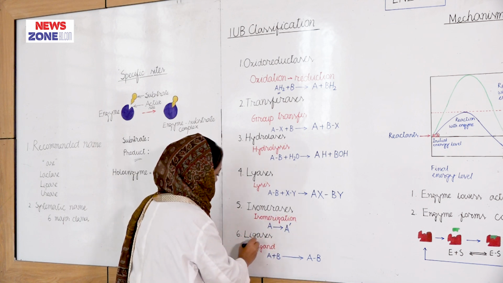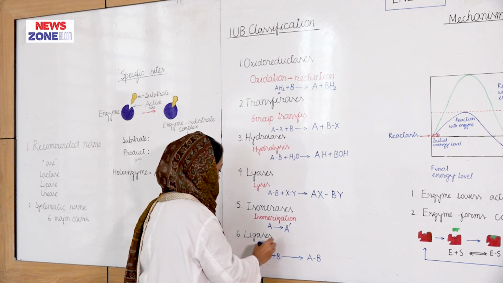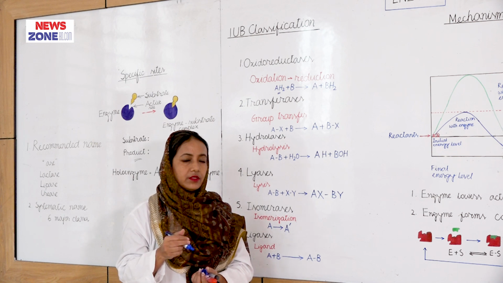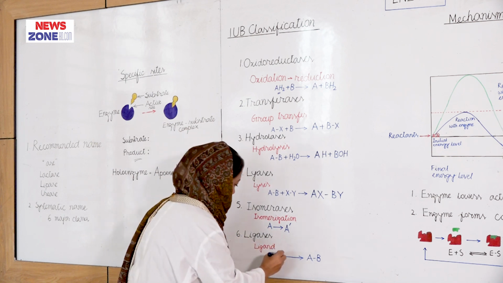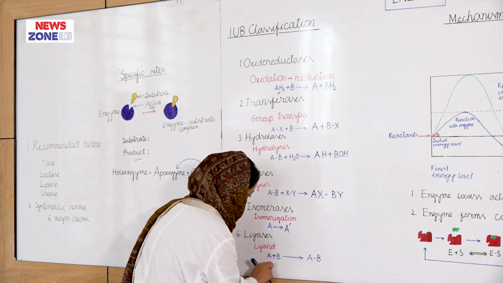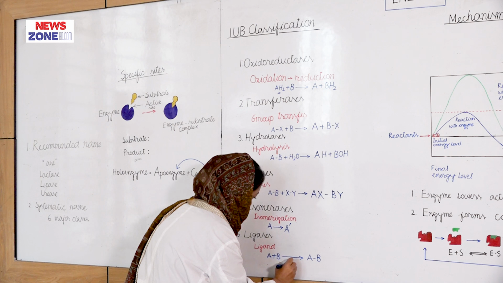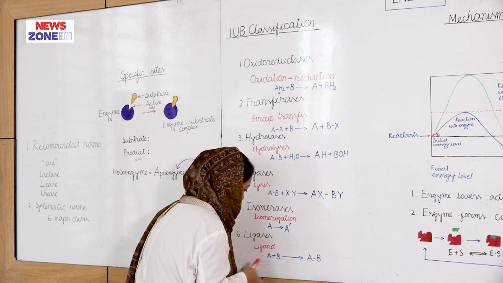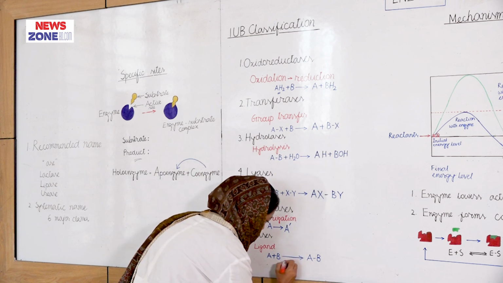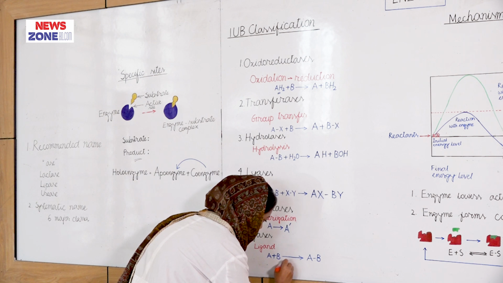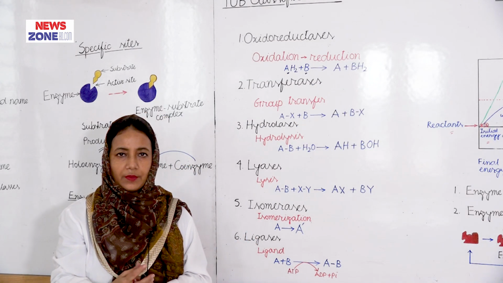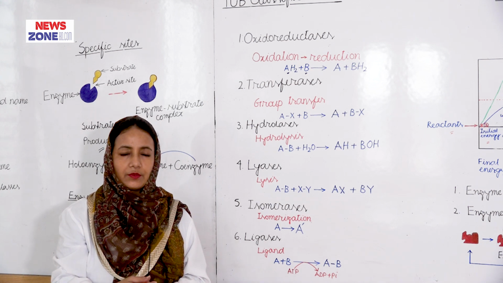The last one is the ligases. It forms a ligand, or condensation, with the expenditure of ATP. These are two substrates, substrate A and B, that join with the expenditure of energy. So its name is synthetase. DNA ligase and glutamine synthetase are two examples of this category.